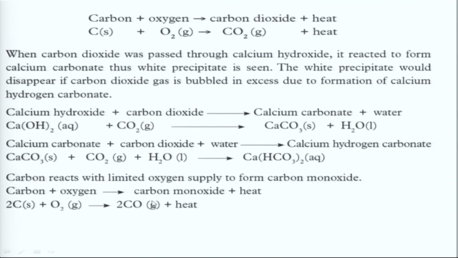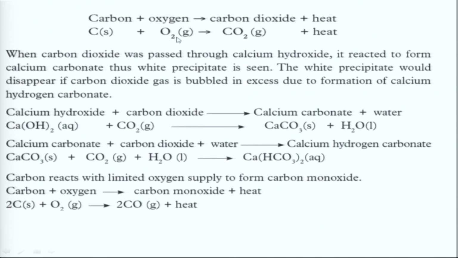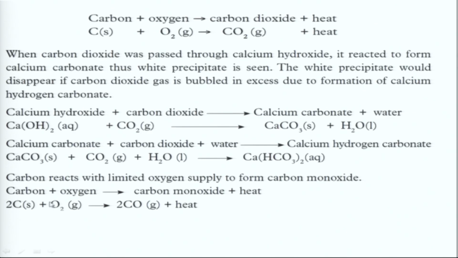What is the difference? The difference is the first one, where we say carbon plus oxygen forms carbon dioxide, is when oxygen is full. Enough oxygen, excess oxygen. When we react carbon with excess oxygen, we form carbon dioxide plus heat. But look at the last one. When we react carbon with a limited amount of oxygen, you can even put a half here, you get carbon monoxide and some heat.